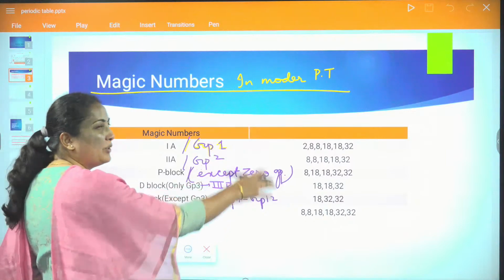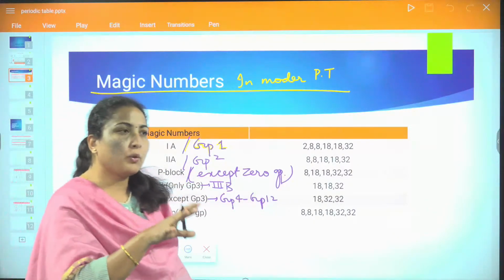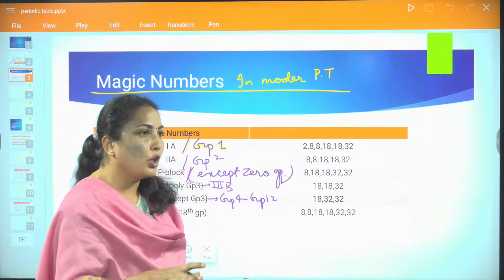You might be getting terrified by looking at the numbers. Don't worry, it is easy to remember if you just follow it logically.